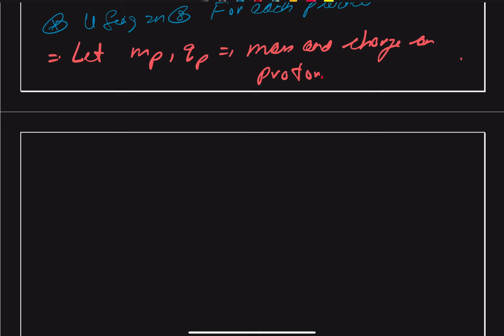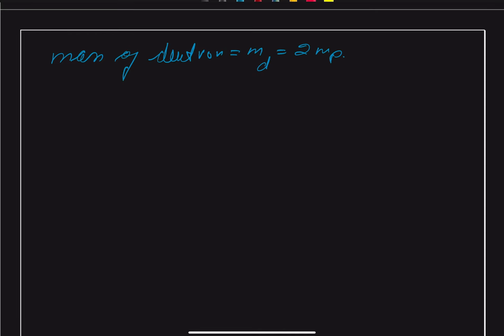Based on this, the mass of deuteron, Md, will be equal to twice Mp, and the charge on deuteron, Qd, will be equal to Qp.